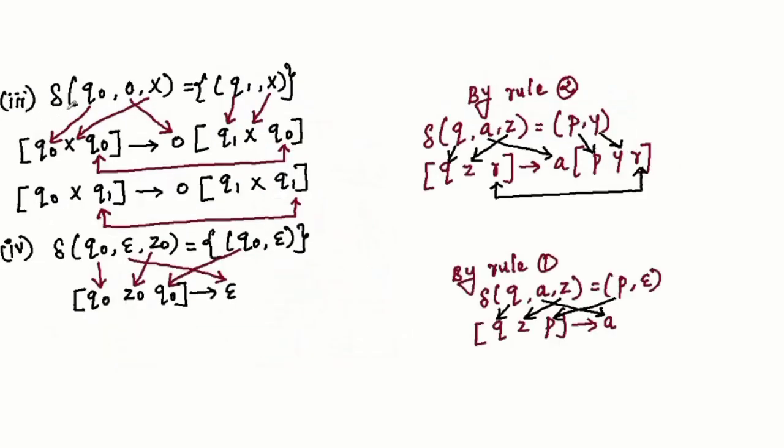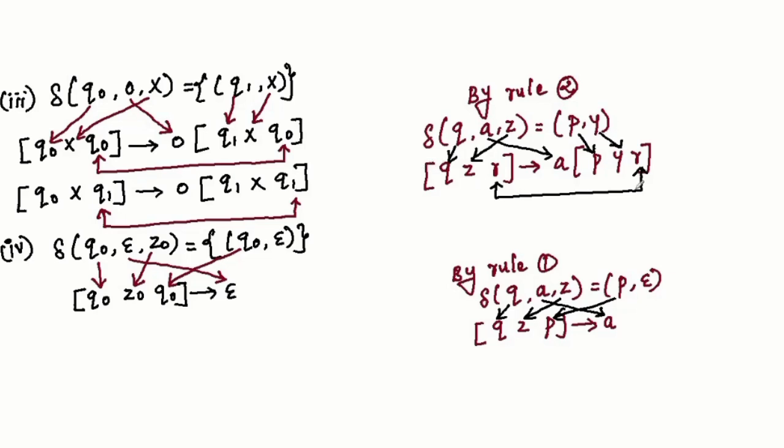Next transition function, delta of (Q0, 0, X) equal to (Q1, X). In the given PDA, we have one stack symbol, that is X, which means there are 1 into 2 possible combinations for stack symbol transition. We have to write 2 lines. With a single stack symbol, we have to follow rule number 2: delta of (q, a, Z) is equal to (p, Y).